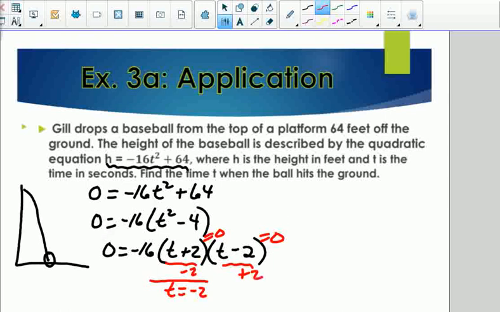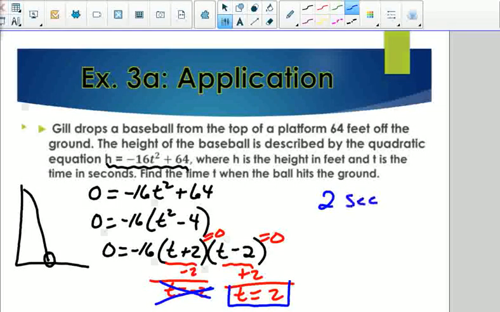Here, I add 2 to both sides. I have t equals a positive 2. Why? We just said that the time cannot be a negative value. So that would leave us with t equaling 2 seconds. So 2 seconds is when the ball will actually hit the ground after it's dropped from Gil at 64 feet up in the air.